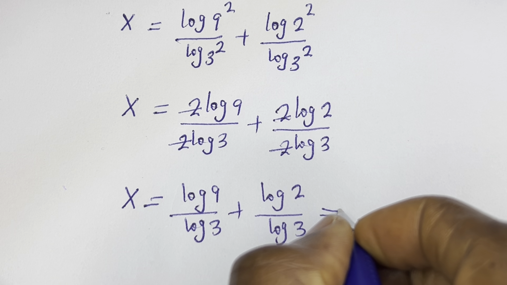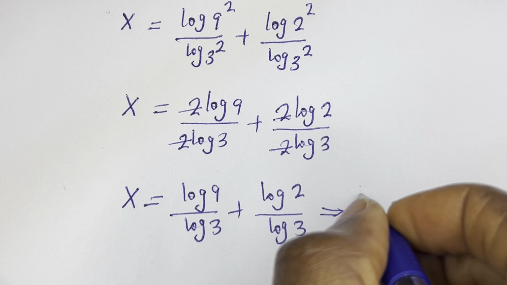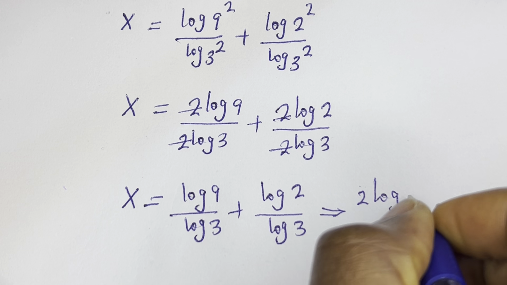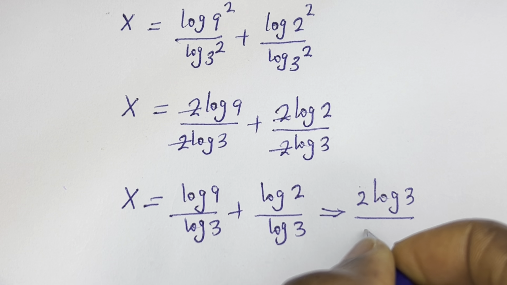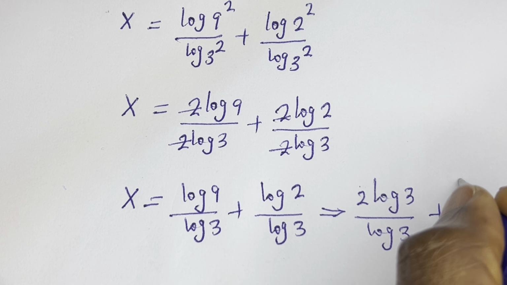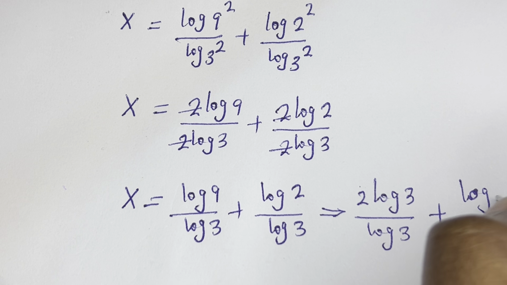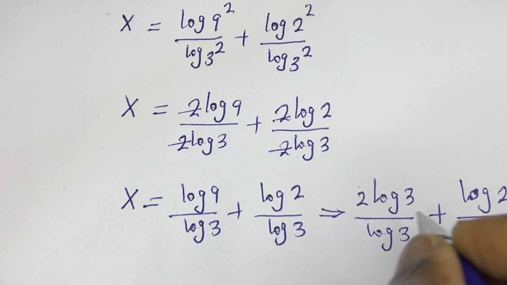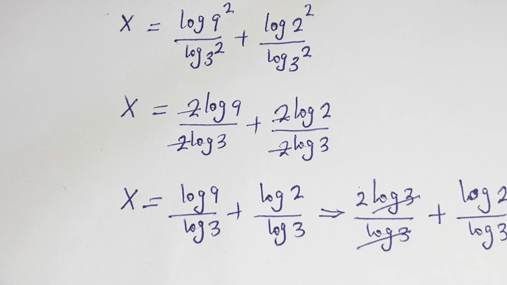Then this is 2 log 3 divided by log 3 plus log 2 divided by log 3. This will also cancel this.